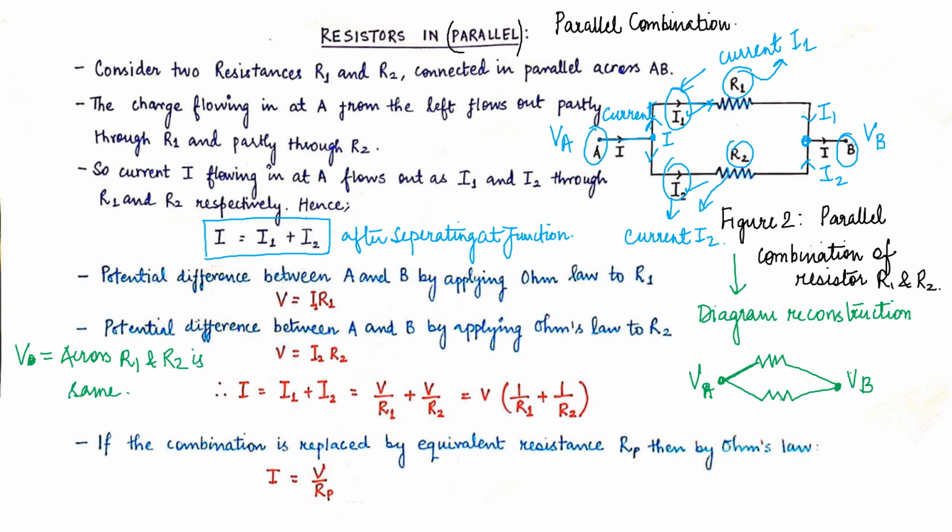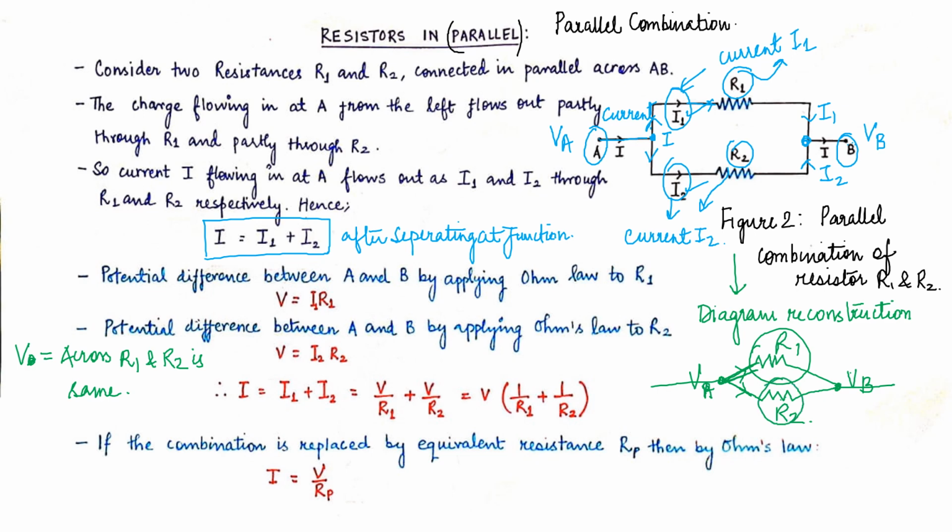I have reconstructed the diagram for your better understanding. If you see the diagram like this, you will see that whatever potential is going in this direction, the same potential is going in the other arm R2. So there is no different potential at R1 and at R2.